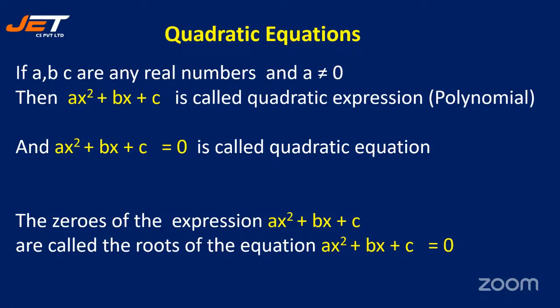The zeros of the expression ax squared plus bx plus c are called the roots of the equation. That is, ax squared plus bx plus c equal to 0.